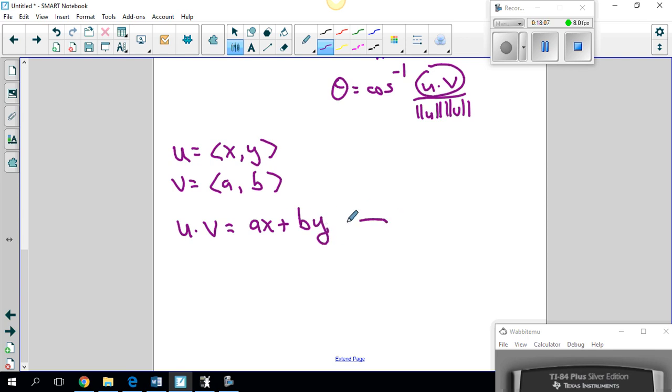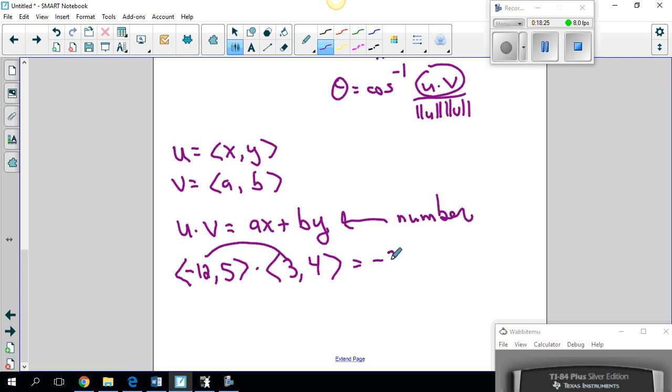It's a number. It's not a vector. So if I give you vector u to be negative 12, 5 dot vector 3, 4, it is negative 36 plus 20, negative 16.